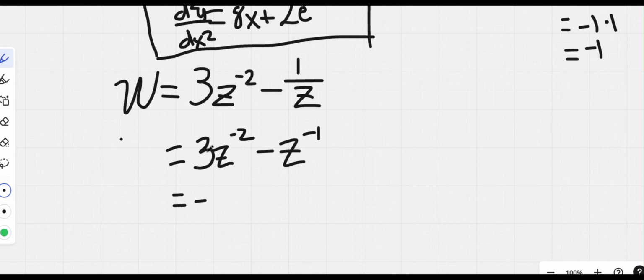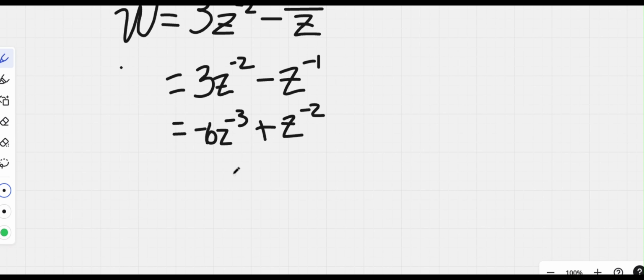So 3z to the negative power of 2 is going to turn into negative 6z to the power of negative 3, because it's negative 2 minus 1, it's negative 3. My plus, because negative times negative is a positive, plus z to the power of negative 2. That's the first derivative.